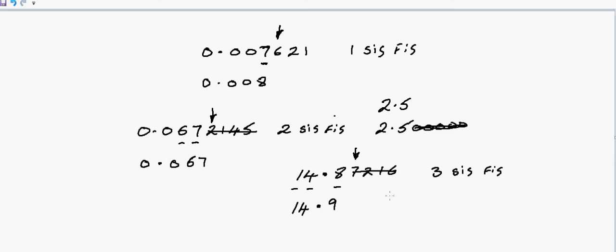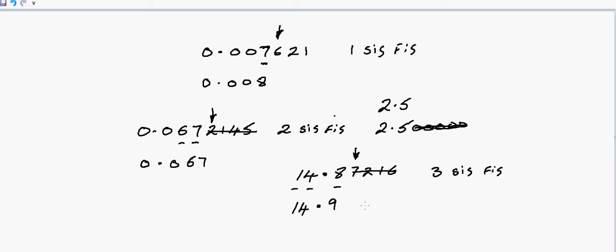Okay, so very rarely in an exam will they give you something like this and say, what is this to so many significant figures or so many decimal places. They will get you to do a question and then say, give your answer to 2 significant figures, or 3 significant figures, or 4 decimal places, or 1 decimal place. So it will vary.